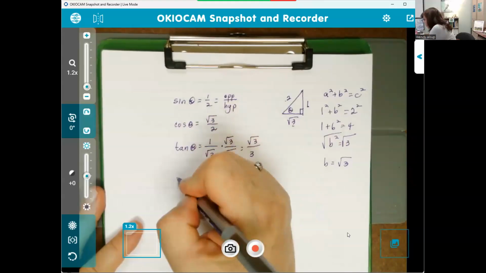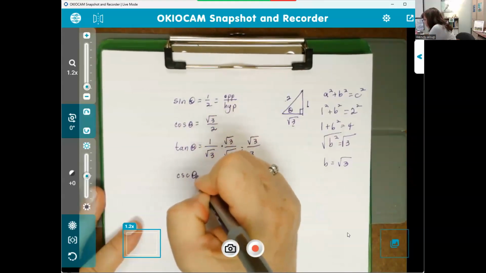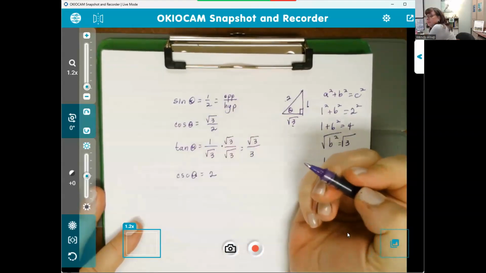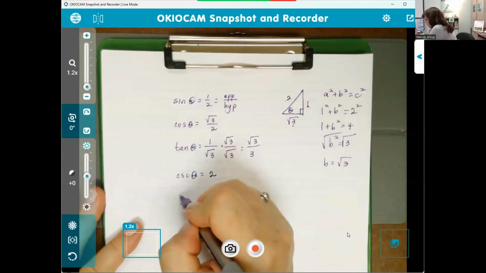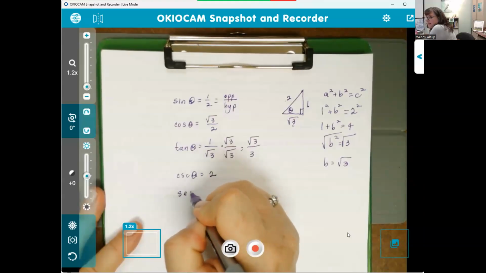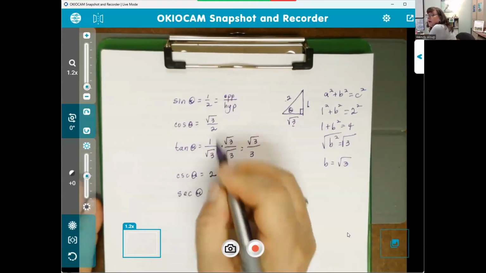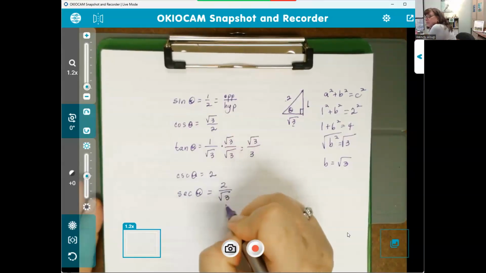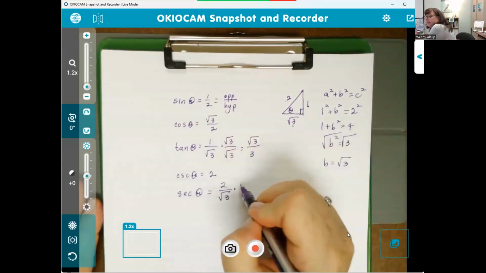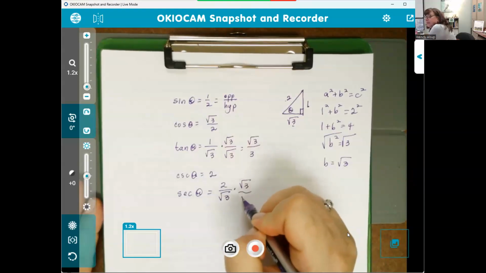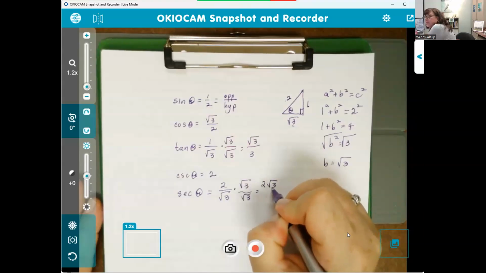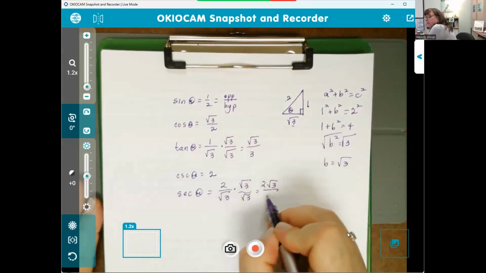The reciprocal of sine is cosecant. Reciprocal of 1/2 is 2 over 1, which is 2. The reciprocal of cosine is secant. So that's 2 over root 3. Uh-oh, can't do that. All the math people get mad. And so we end up with 2 root 3 over the square root of 9, which is 3.